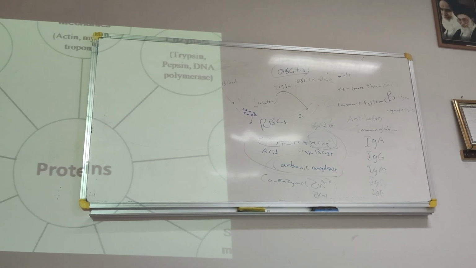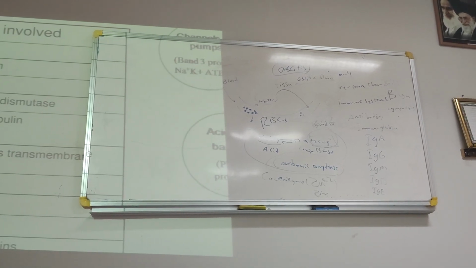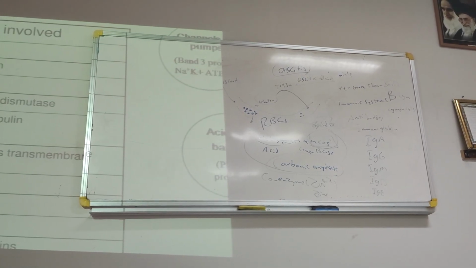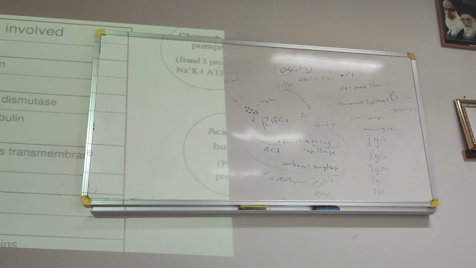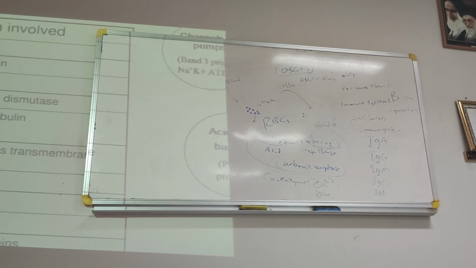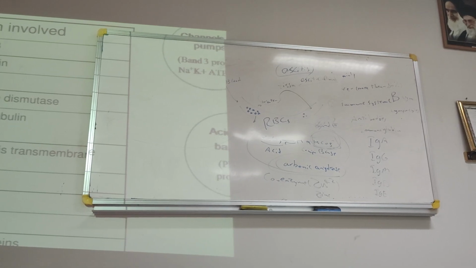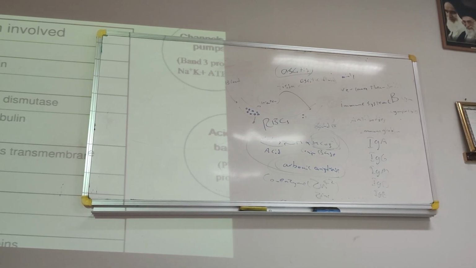You can see some examples of diseases which involve proteins. For example, Alzheimer's disease is caused by amyloid misfunction. Parkinson's disease is caused by alpha-synuclein misfunction.